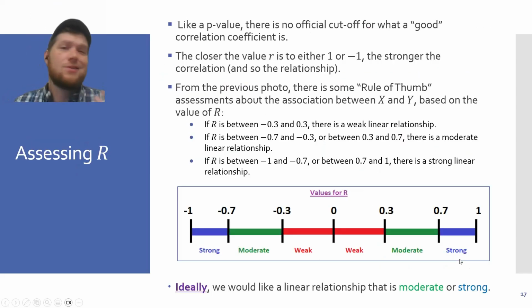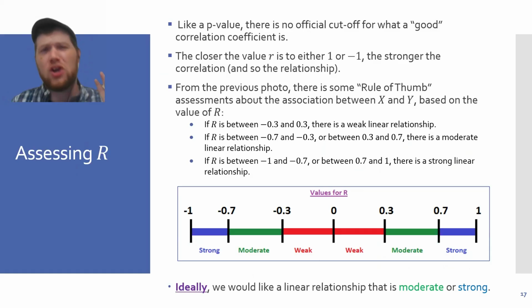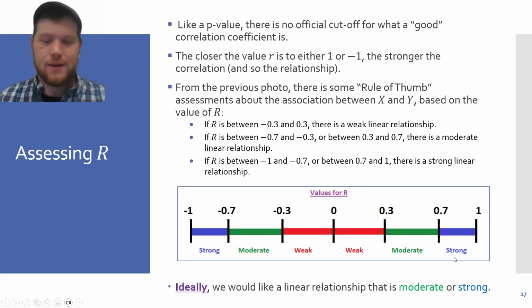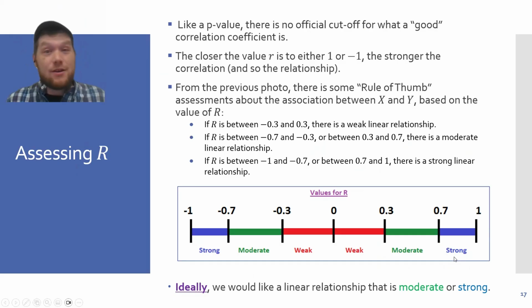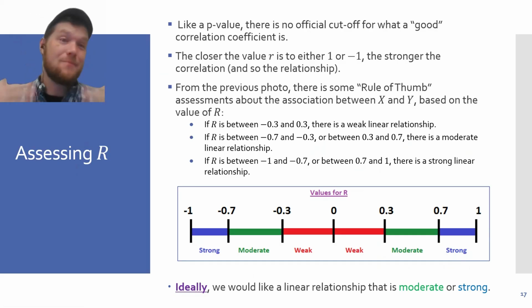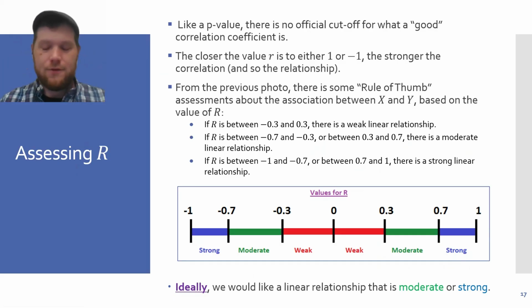Like a p-value, there's actually no official cutoff for what a good correlation coefficient is. We might have certain standards and we sort of set those cutoff points. And for an introduction for you all, we give those things as sort of guidance to let you all have that ability to build your gut. And then you go from there. You start looking at literature reviews, seeing what they claim, looking into the argument, the assessment of these things.